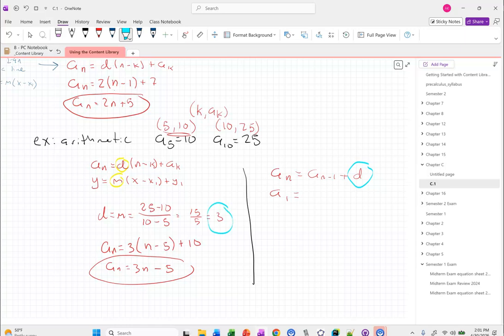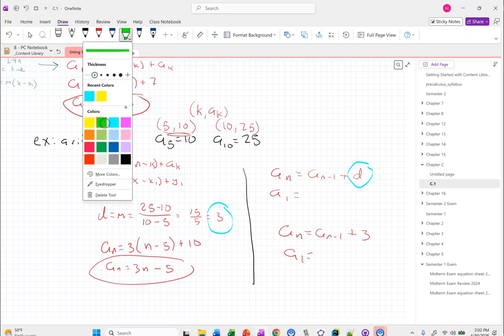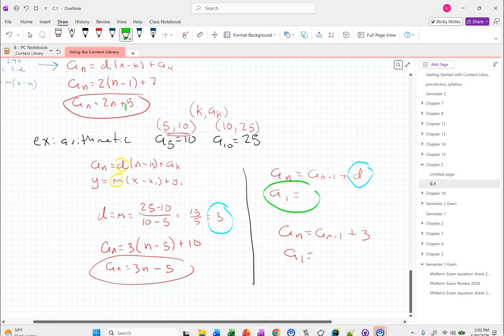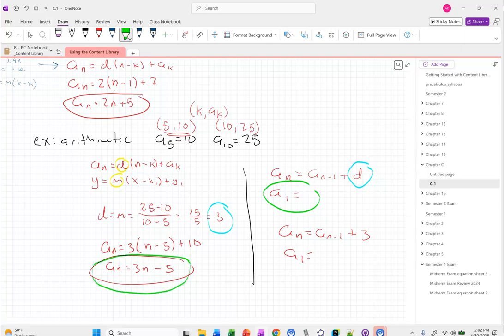I do it the same way as we did before, right? You basically use the slope. And then to find the first term, I'm going to use the explicit formula. I'm going to have to have written that first.